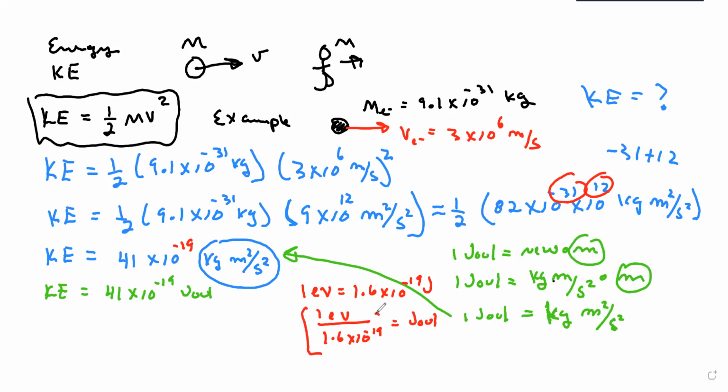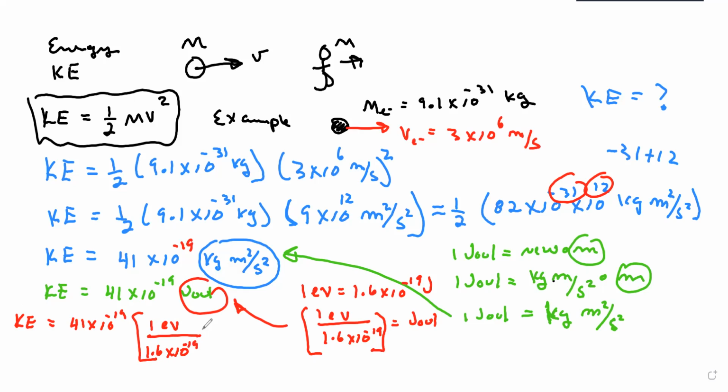So let's plug this quantity right there instead of the joule right in here. So your kinetic energy is going to be equal to 41 times 10 to the minus 19. And then here, instead of the joule, it's going to be 1 electron volt divided by 1.6 times 10 to the minus 19.